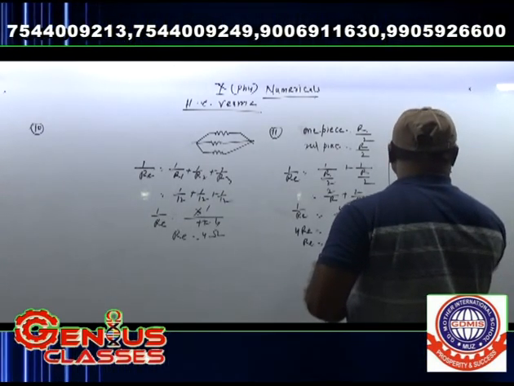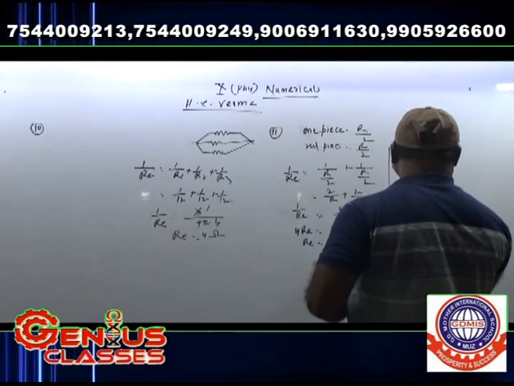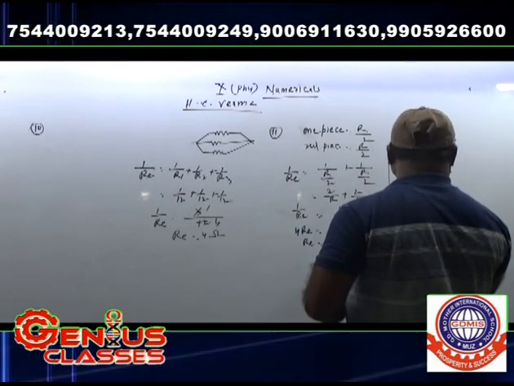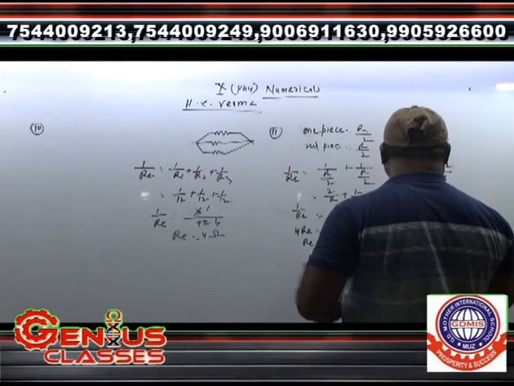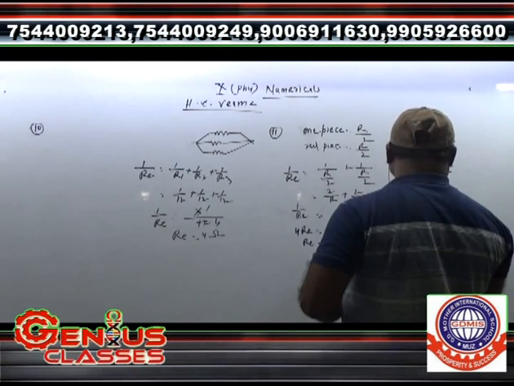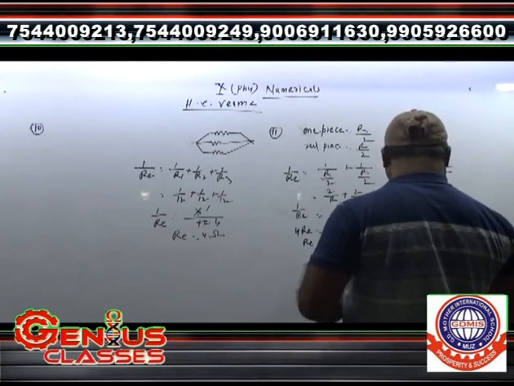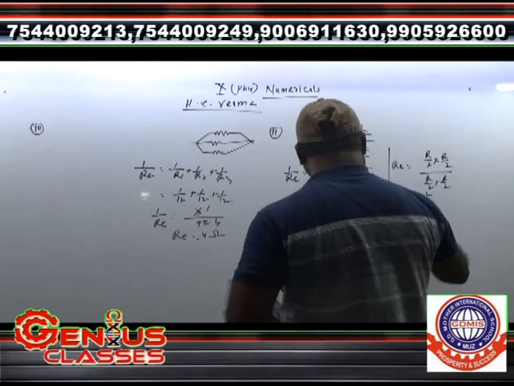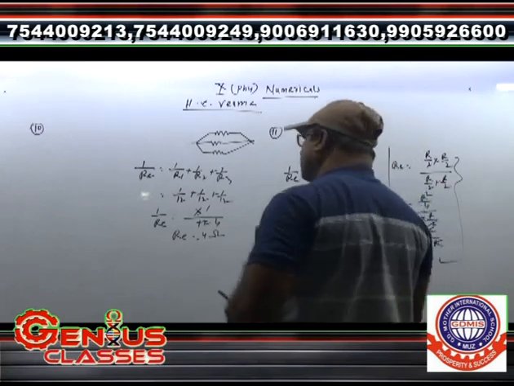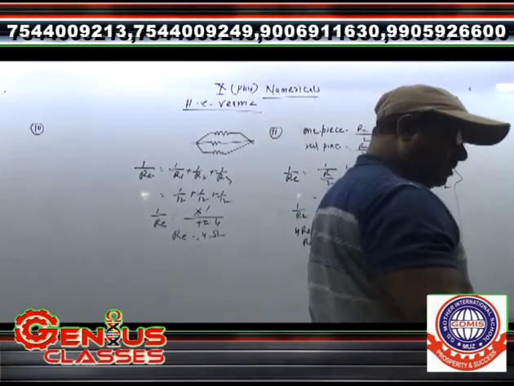It is R square by 4 over here, and it is 2 into R by 2. You can see. So R square. So this is the same answer. So this is a shortcut method. As you like.